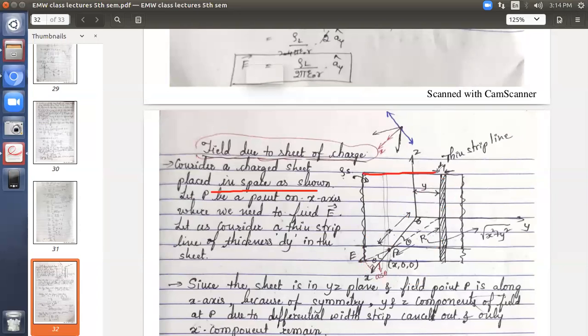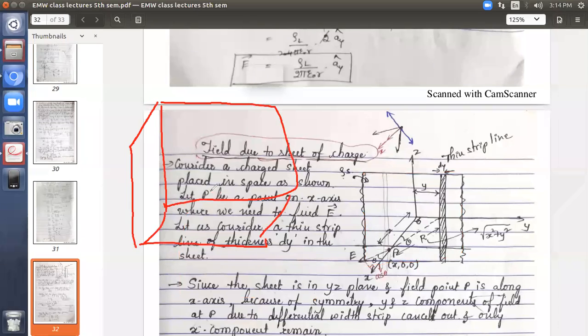If you see, this is just like, just a second, I'll draw it here neatly. Something like this, a cube.